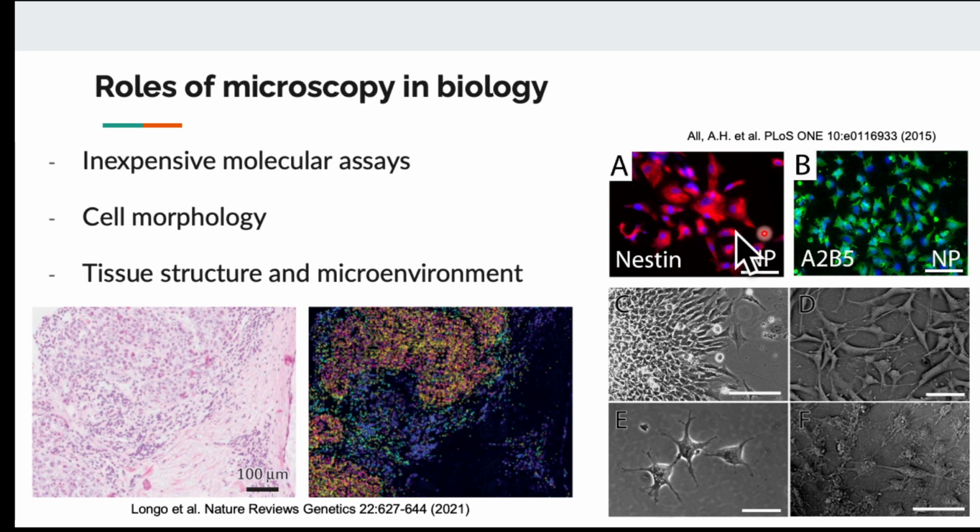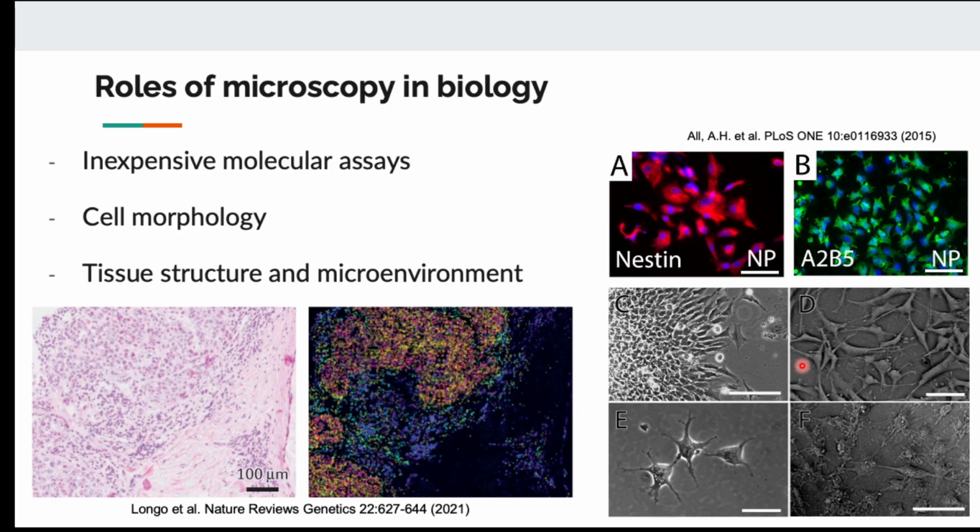And when you take imaging like this, you can see the shape and the size of the nucleus relative to the cytoplasm. You can mark specific proteins. Sometimes you look at the morphology of the cells without any labels.